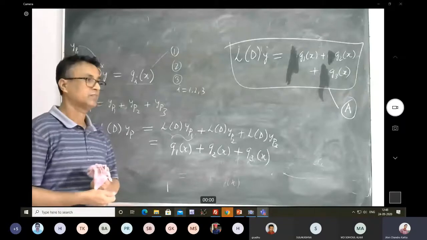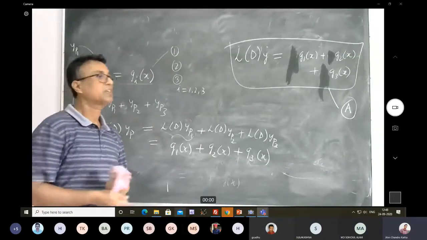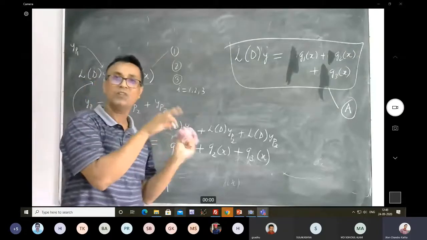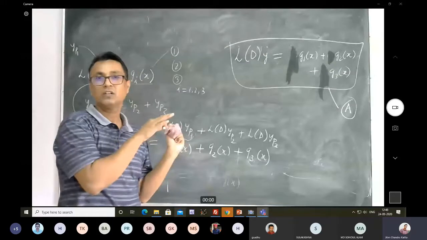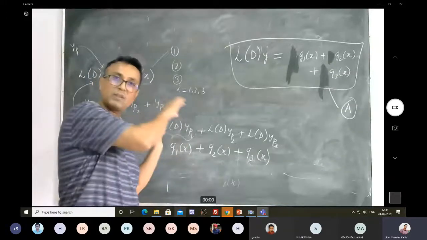Isn't it? Fine. So basically, see here, I still haven't written in anything from the homogeneous counterpart. I am simply concerned here only about the particular integral part.